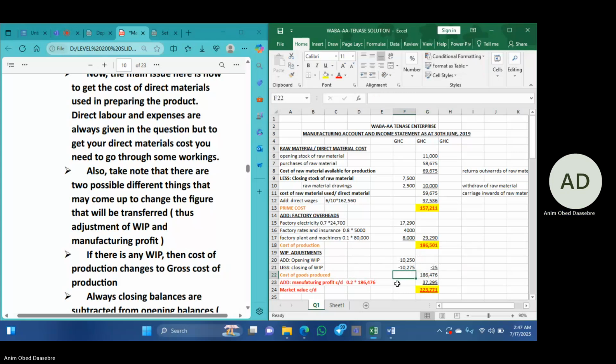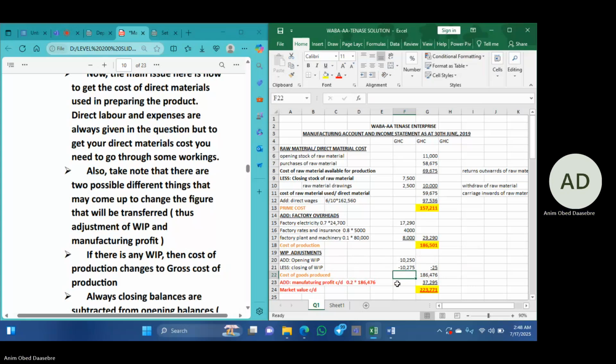And then we also need to look out for the transfer. We know this cost of production, this cost of goods produced, that we are transferring to the income statement.